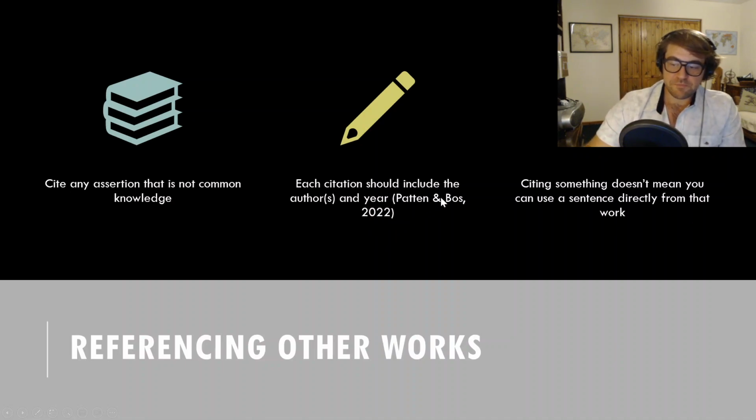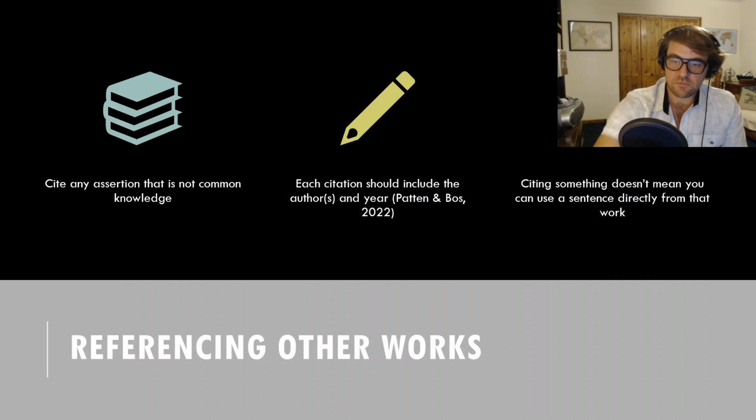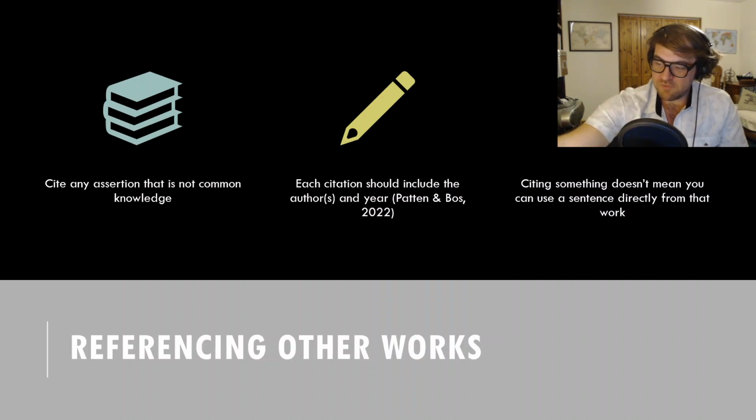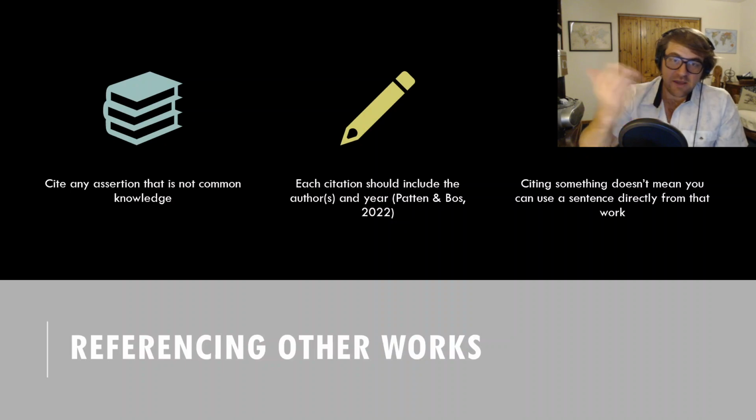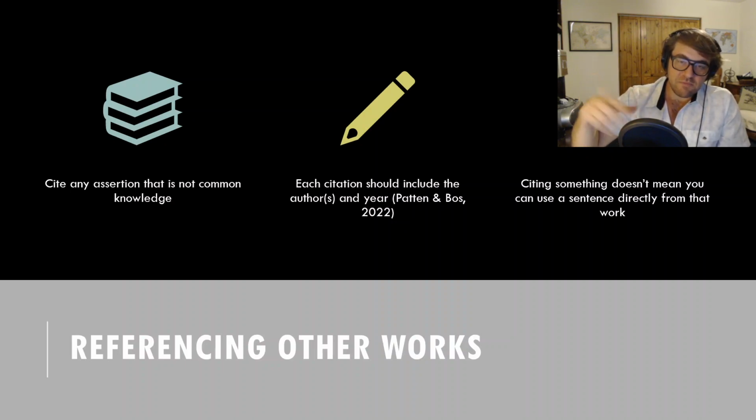An issue that I see often with scientific writing is that when you've cited something, some people think that means you can just use that sentence directly. So I can take this sentence from this paper because I'm citing it, and that means it's not plagiarism, which isn't true.